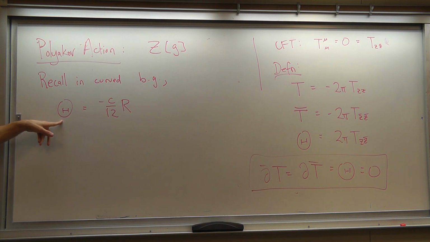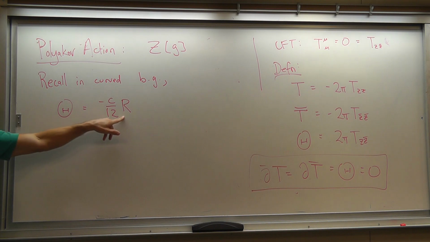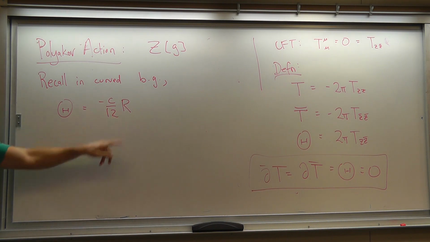We showed this last time, I guess. It's a trace of the stress tensor. And on the right-hand side is a c-number, just the curvature of the background metric.